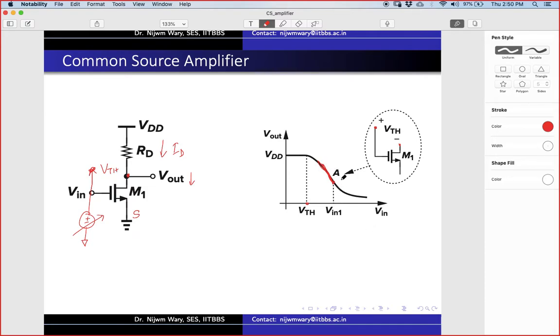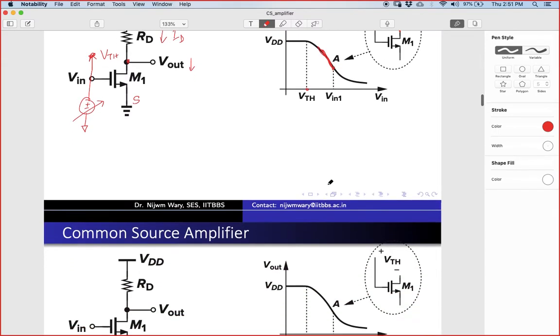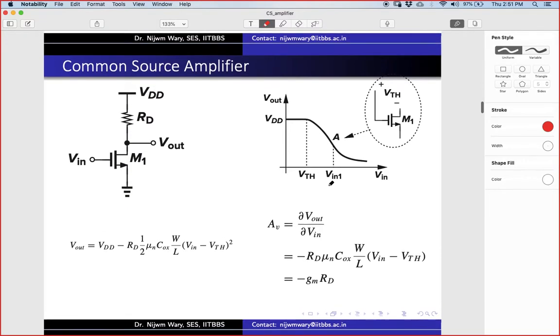The linear region, I mean the linear in the sense that this straight region, can be used for amplifier design. So now the next point is, how much gain is this? That is very simple.